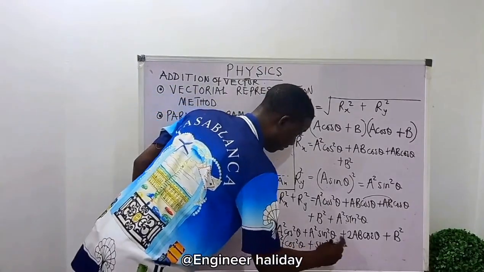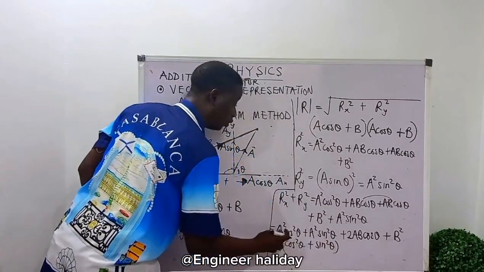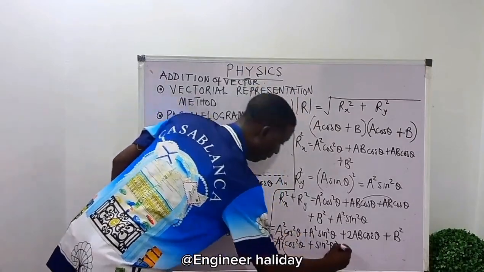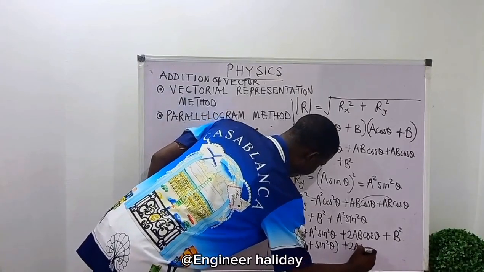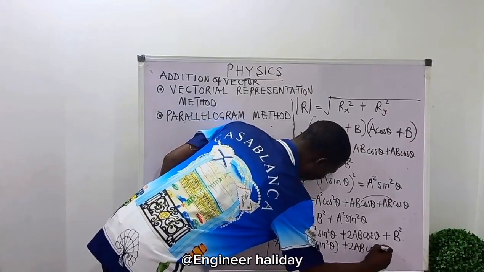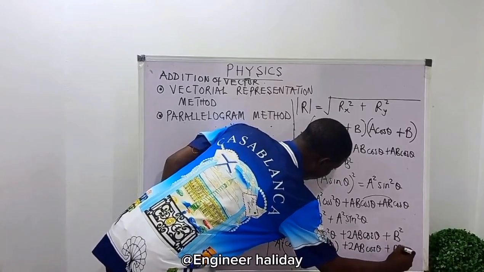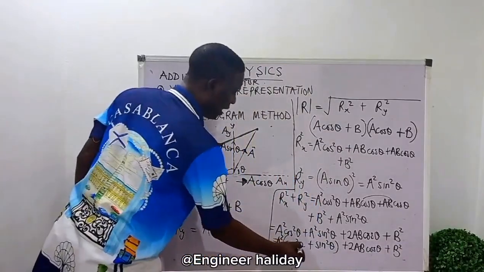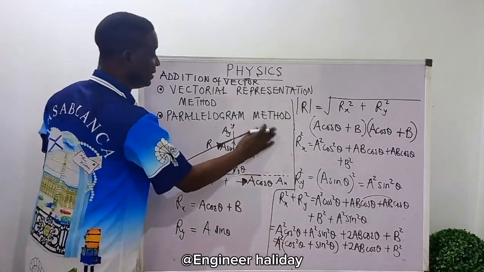You understand what I'm saying? Because a square is common between these two. Plus 2ab cos theta plus b square. So now, don't forget the identity.